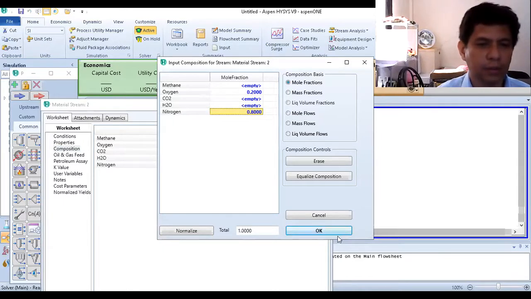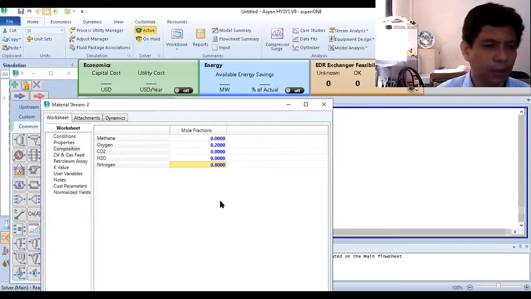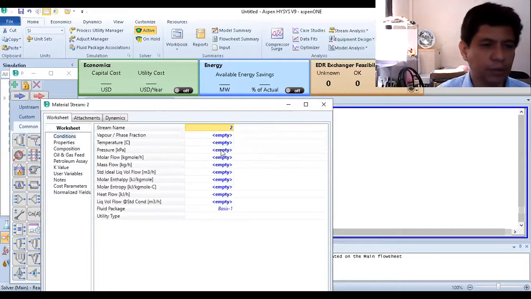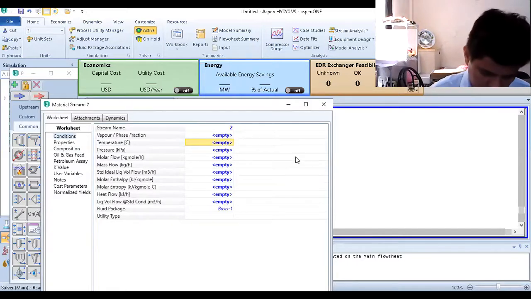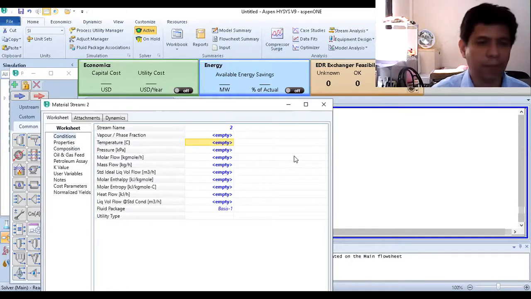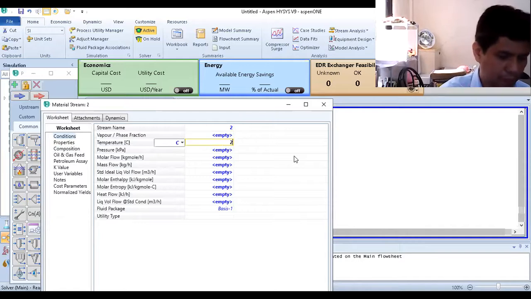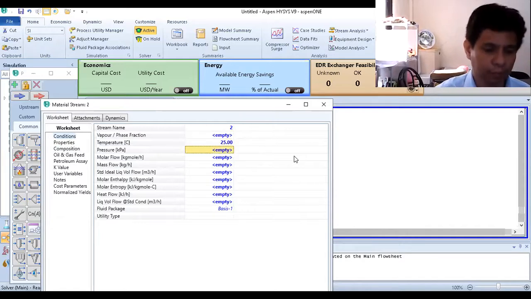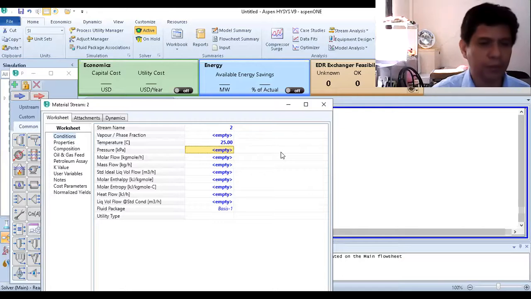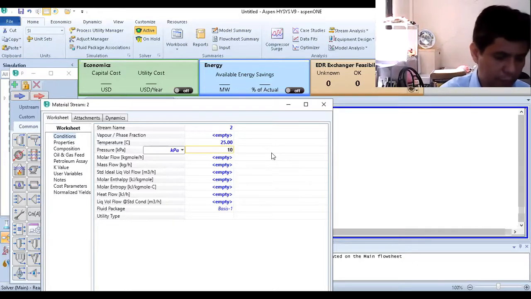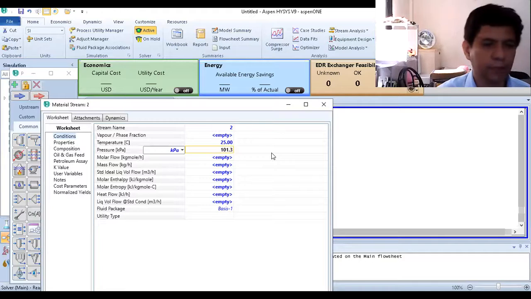Okay, and then let's go to conditions. The temperature is 25, and the pressure is 1 atmosphere, so that's 101.3 kPa.